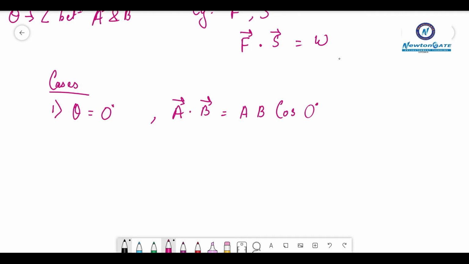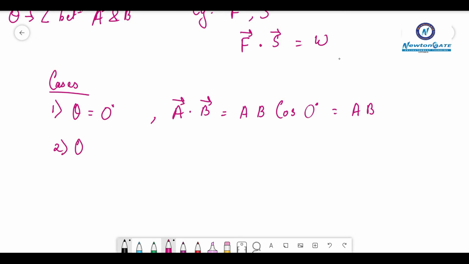What is the value of cos 0? It is 1. So we will get A into B. So A dot B, when the angle between them is 0, is just the product of magnitude values of A and B.